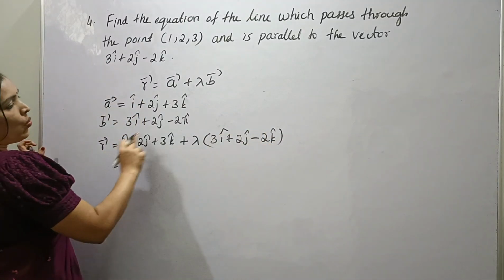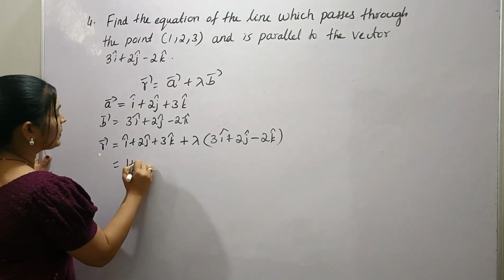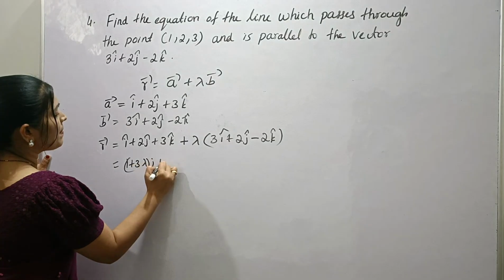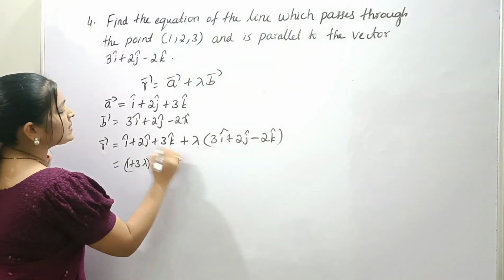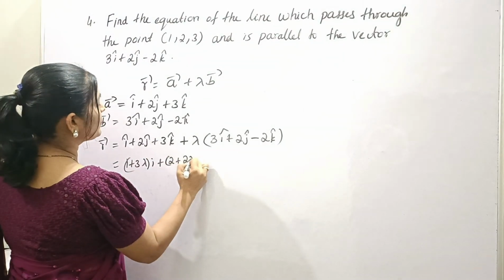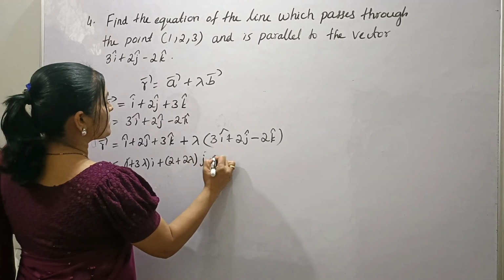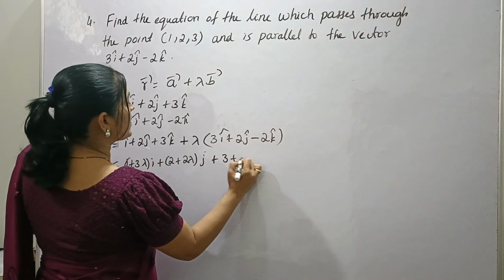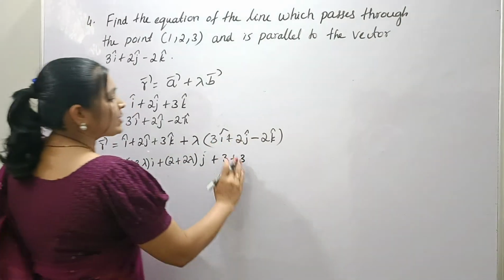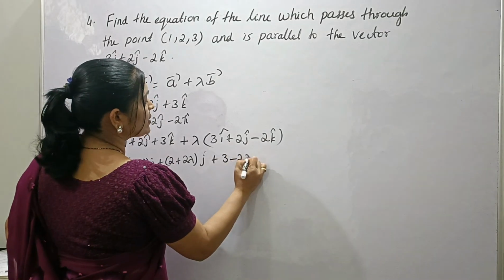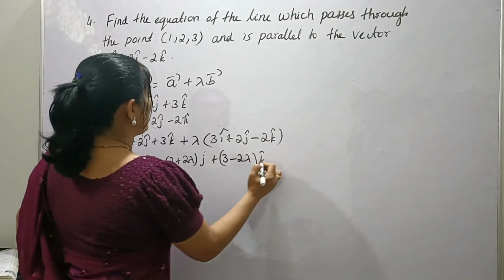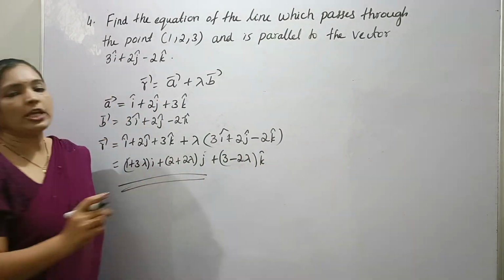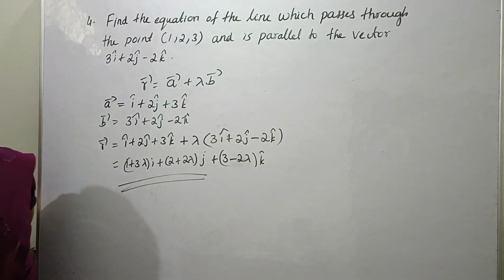That is (1 + 3 lambda) i + (2 + 2 lambda) j + (3 − 2 lambda) k. So it is the vector equation of a line.